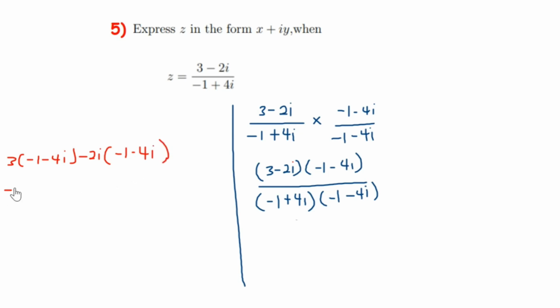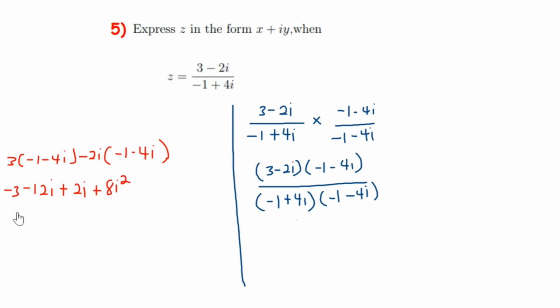This will be minus 3 minus 12i, and then minus 2i times minus 1 will be plus 2i, and then minus 2i times minus 4i will be plus 8i squared.